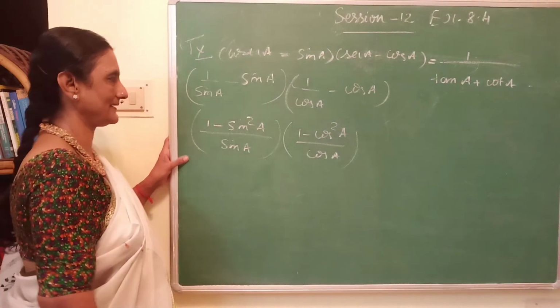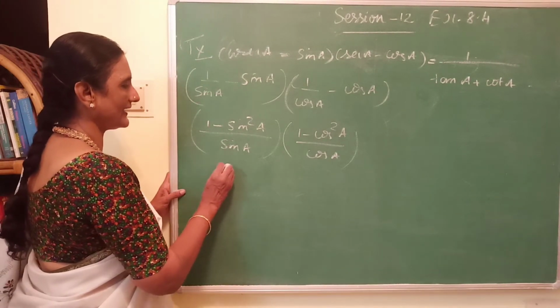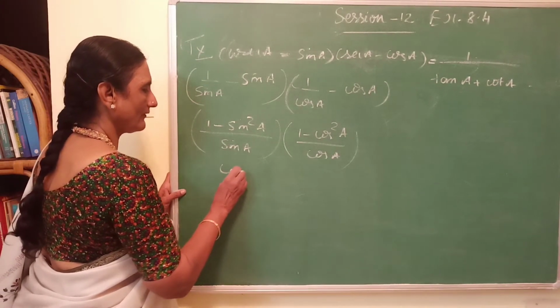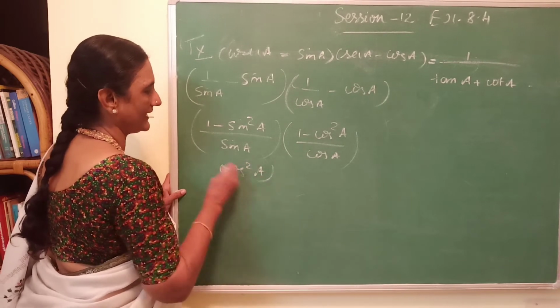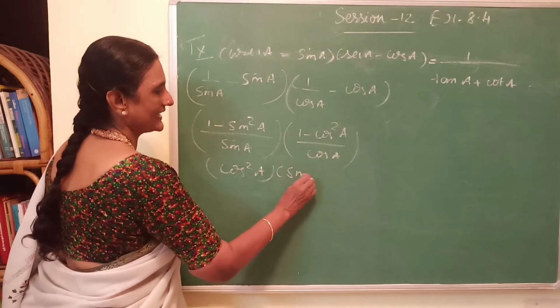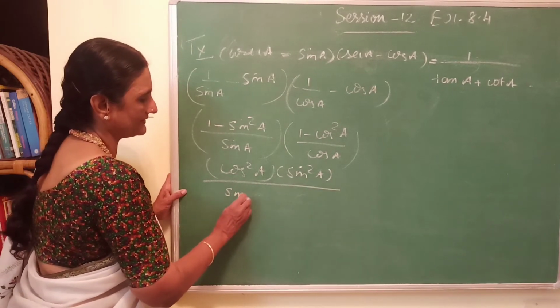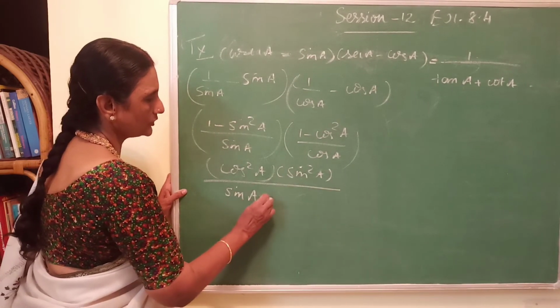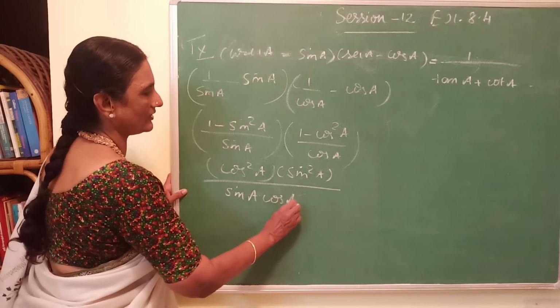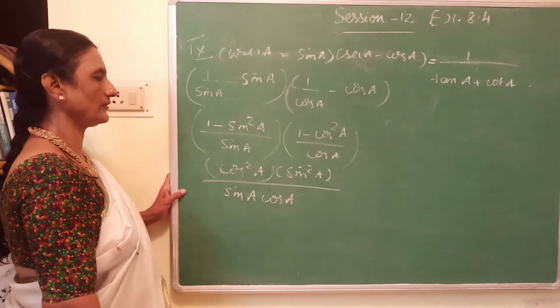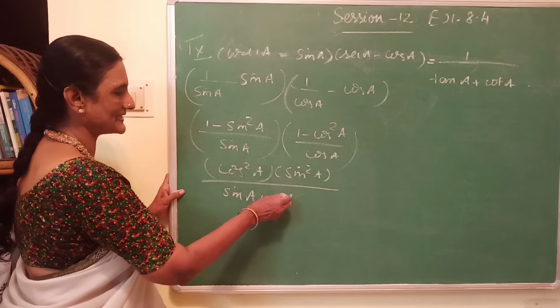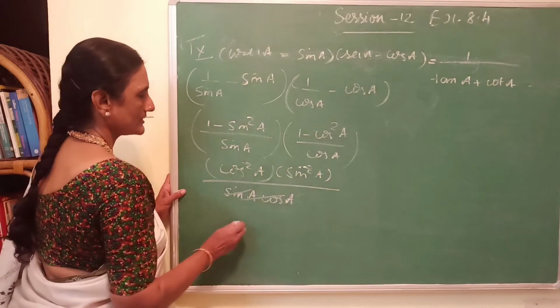Close the bracket. 1 minus sin square A is what? We have got it to be cos square A, and here it is sin square A. So both the cos and sin have got 2 powers, and in the denominator they have got only 1 power. So I am cancelling this. So 1 power.